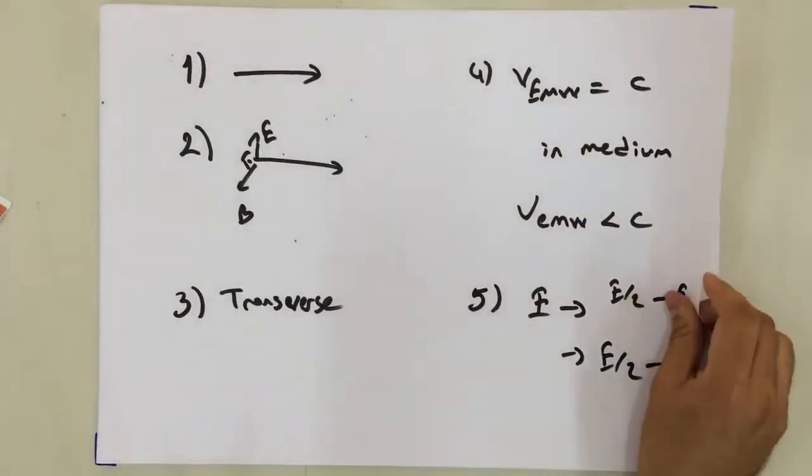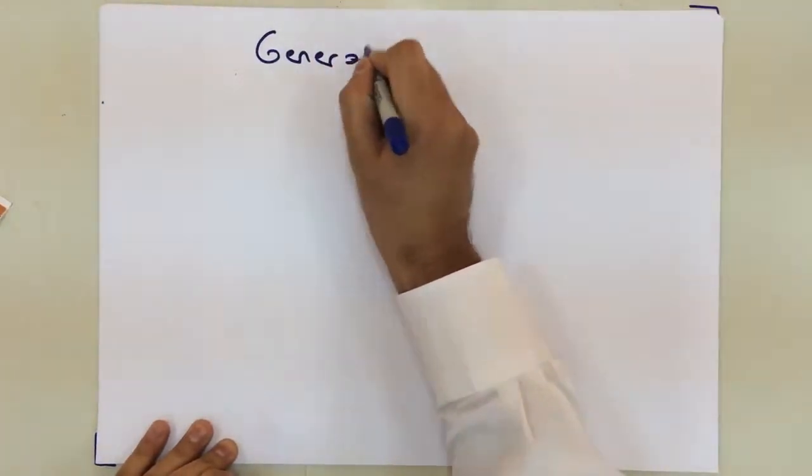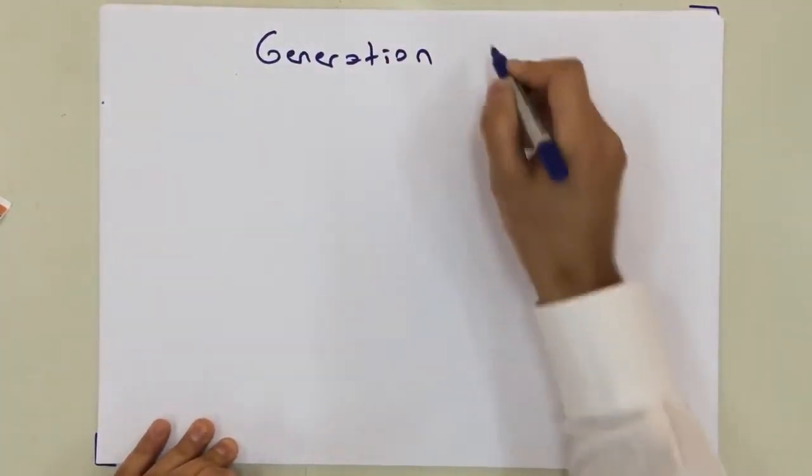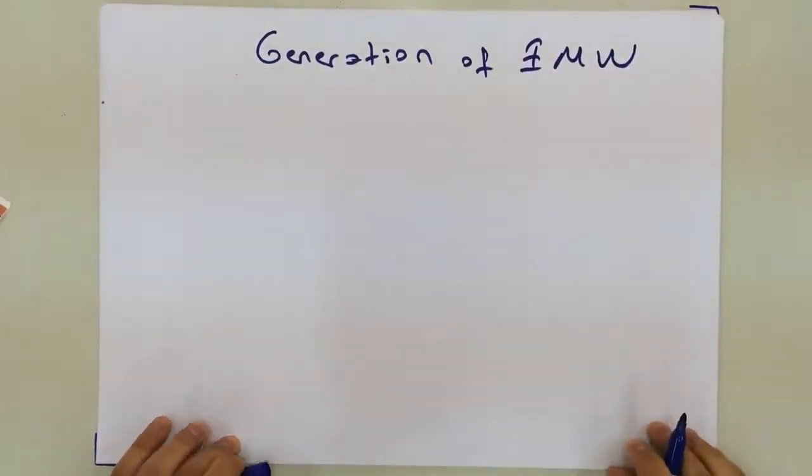Now we know the properties, but how can we produce these waves? Now we will explain the generation of electromagnetic waves.